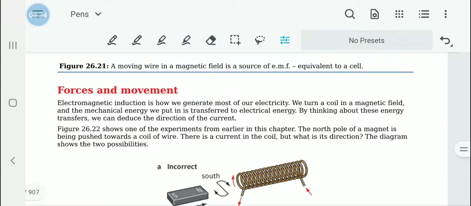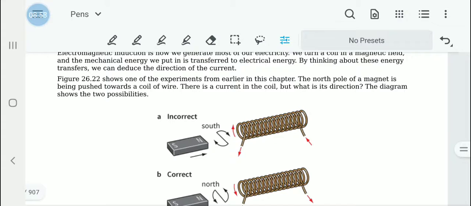This turbine uses electromagnetic induction to generate electricity. So the mechanical energy that we put in is transferred to electrical energy. Using this relationship, we can also figure out the direction of the current. Deducing the direction of the current is going to be an important part of your questions.